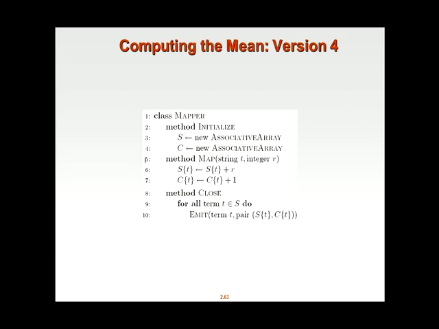For the in-mapper combining, you don't need to first generate all the key value pairs and then do the local aggregation. Instead, you will use some kind of a buffer in memory to preserve the state of the data across all the records in the data chunk, in this input split, and do the emit finally after all the records are processed by a mapper.